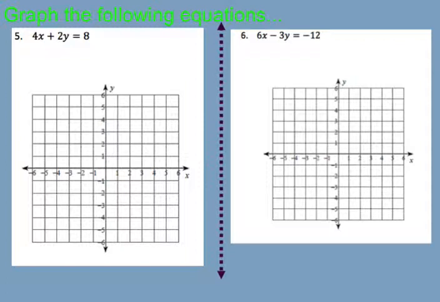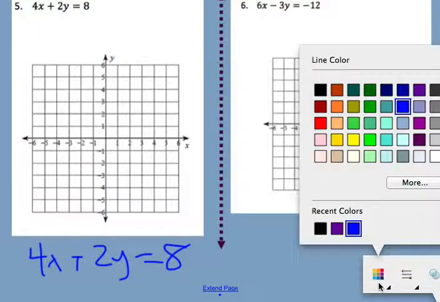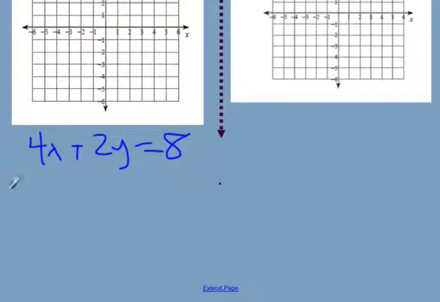Let's take a look at 11 and 12. Again, these are in standard form. In order for us to be able to graph them, we have to solve for y. So here I have 4x plus 2y is equal to 8. The first thing I want to do is get my 4x over to the other side, so I'm going to subtract 4x. You can't combine negative 4x and 8 because one has an x and the other doesn't.